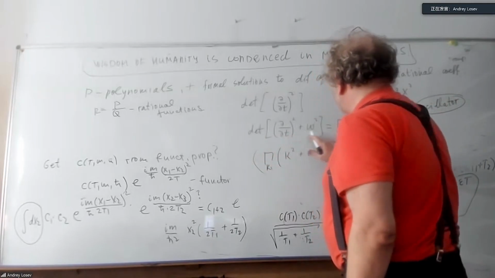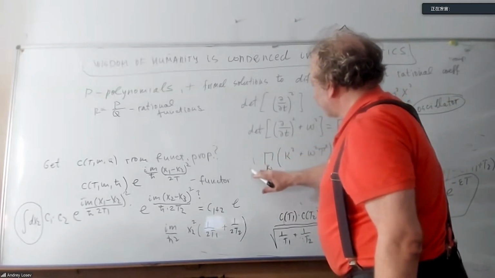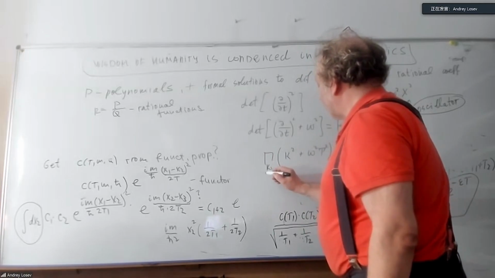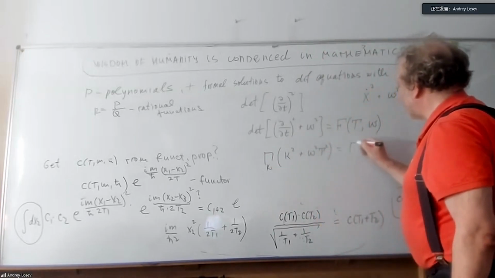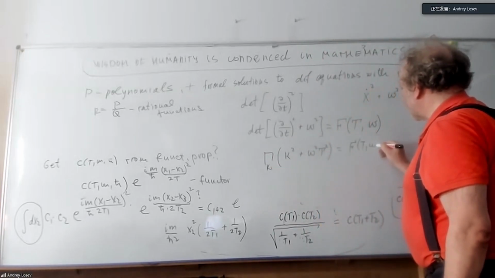However, what if I do the following? So this is f of t, omega.